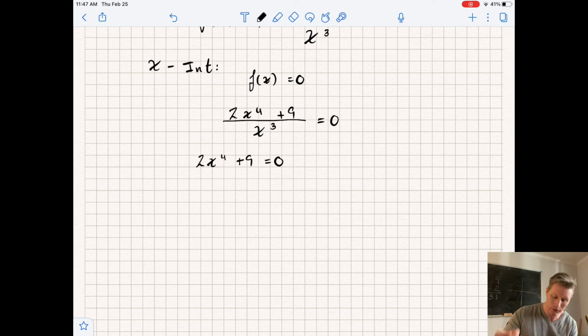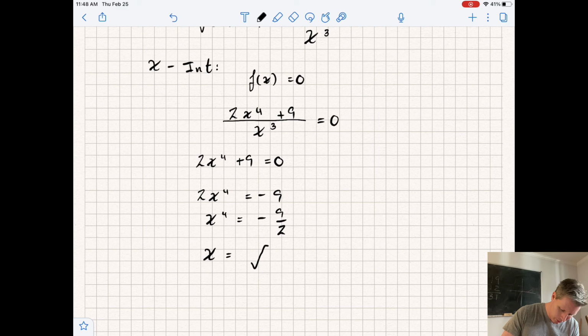Solving this, I'll subtract 9 to the other side, and then we'll have 2x to the 4 is equal to negative 9. x to the 4 will be equal to negative 9 over 2, dividing both sides by 2, and therefore x will be equal to the fourth root of negative 9 over 2.